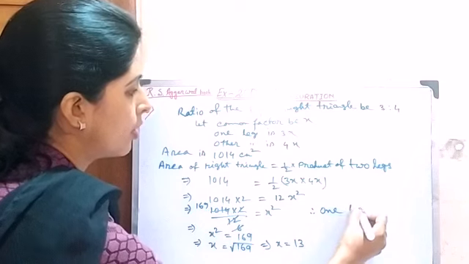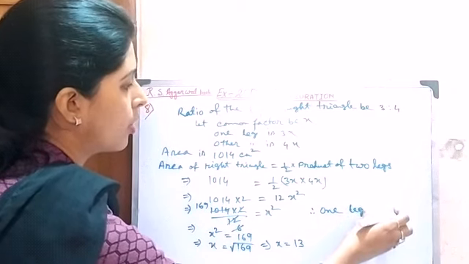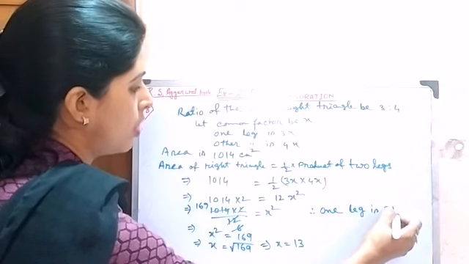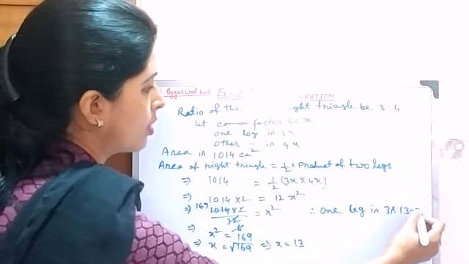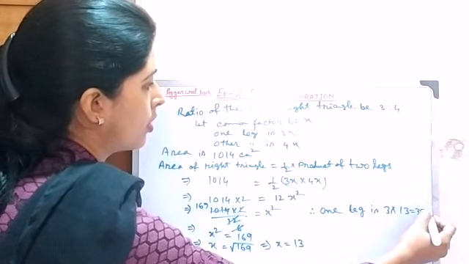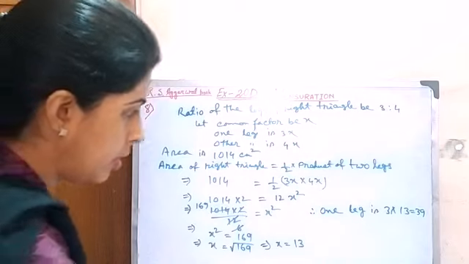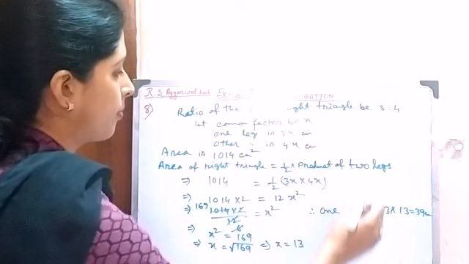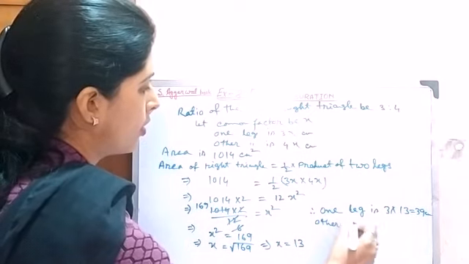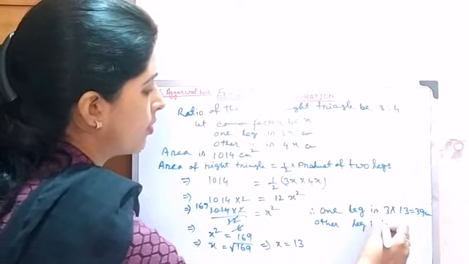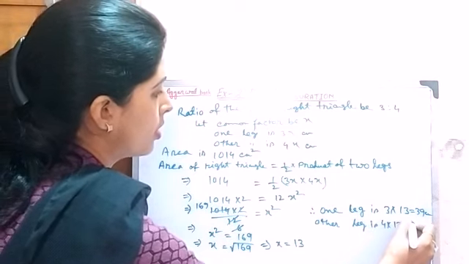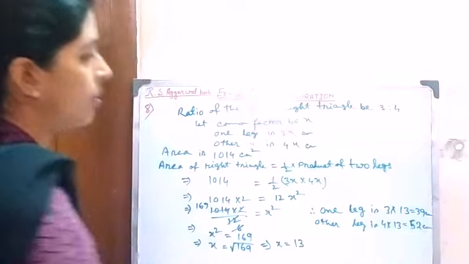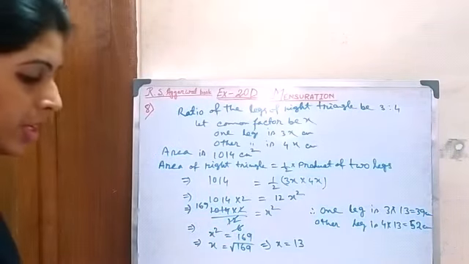One leg is 3 into 13, that means 39 centimeter. Other leg is 4 into 13, that means 52 centimeter. These are the answers.